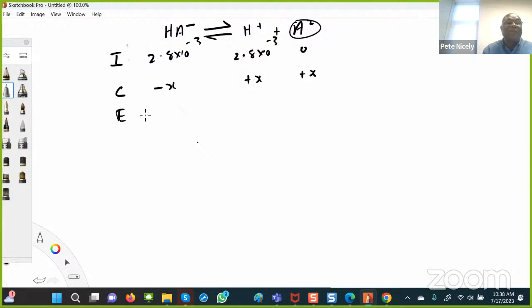So at equilibrium, you're going to have 2.8 times 10 to the minus 3 minus X for HA minus, 2.8 times 10 to the minus 3 plus X for the H plus, and X for A2 minus, right?